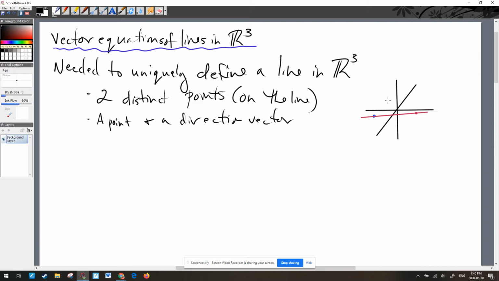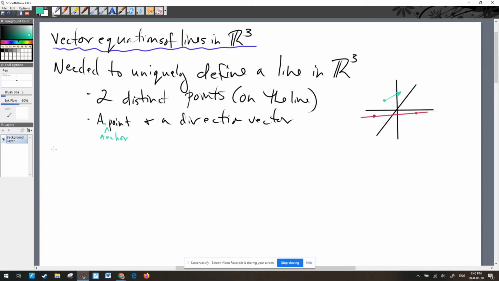So if I gave you a point out here, and said, by the way, from that point go that direction, right? So a point, and I think about it as an anchor point. And we talked about the idea that there's not really an anchor point, but nevertheless, an anchor point and a direction vector is going to give us another way to think about a unique line in R3.